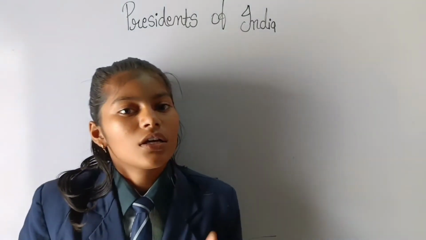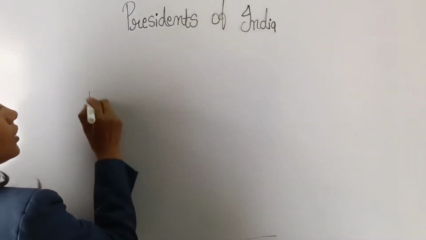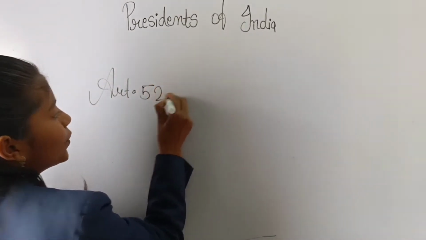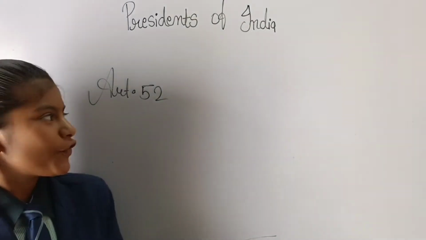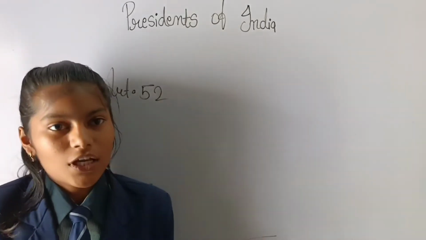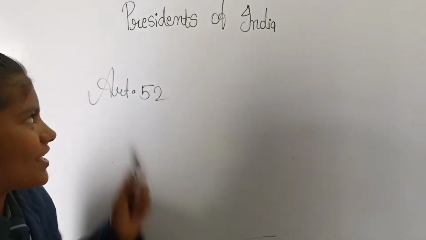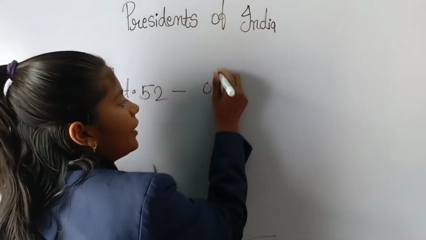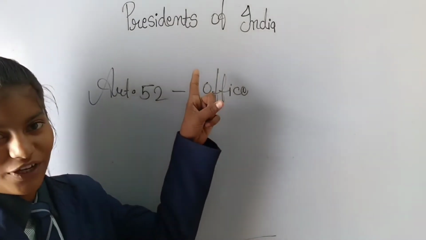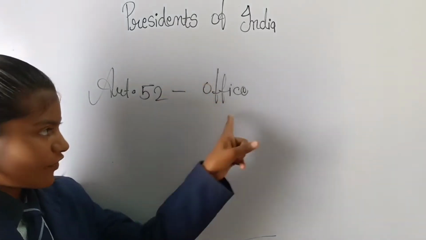The first is Article 52. Article 52 is the article which provides the President the office, you can say shelter. It provides the office to the head of the government.